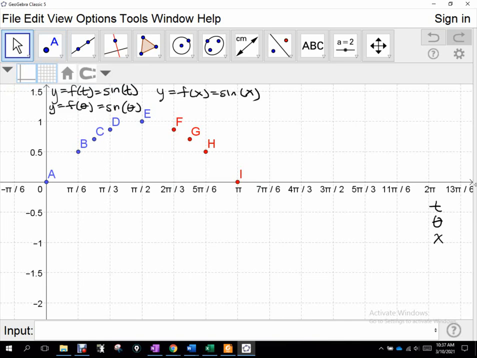Okay? Then we're going to the third quadrant. The first angle I come across is 7 pi over 6. It should have the same y value as 5 pi over 6 had, or that pi over 6 had, but it should be negative. So negative 1/2. 5 pi over 4 should have the same y value as 3 pi over 4, or the same y value as pi over 4, but it should be negative.